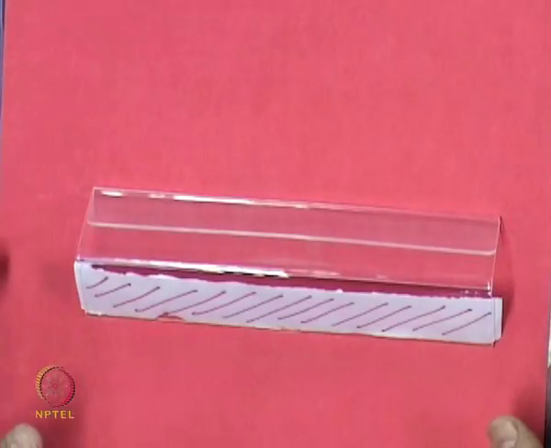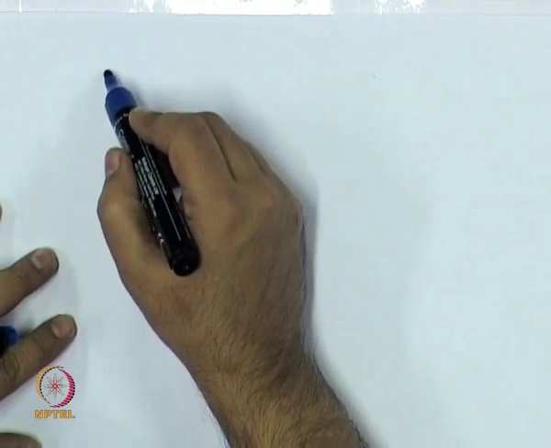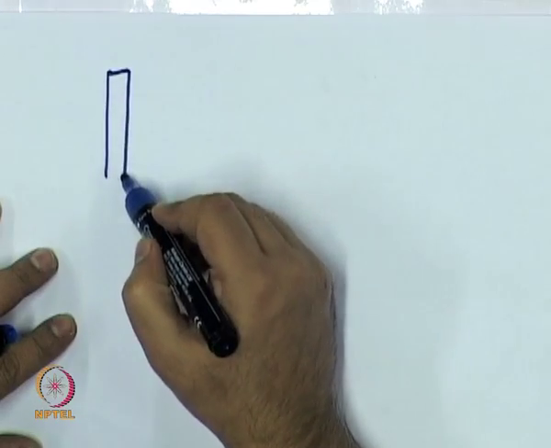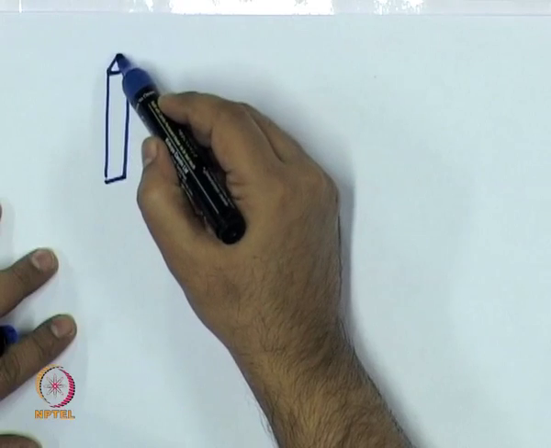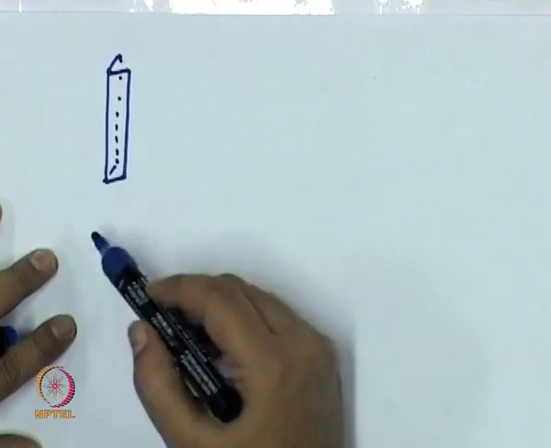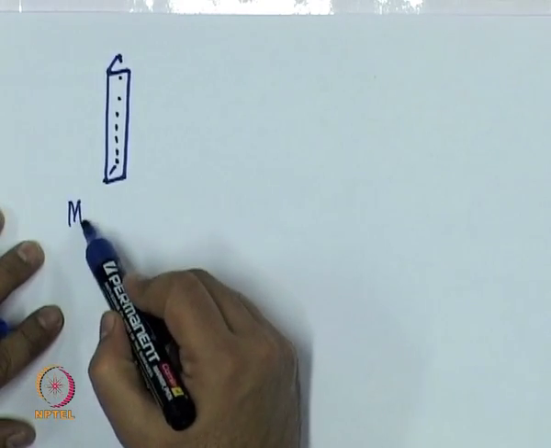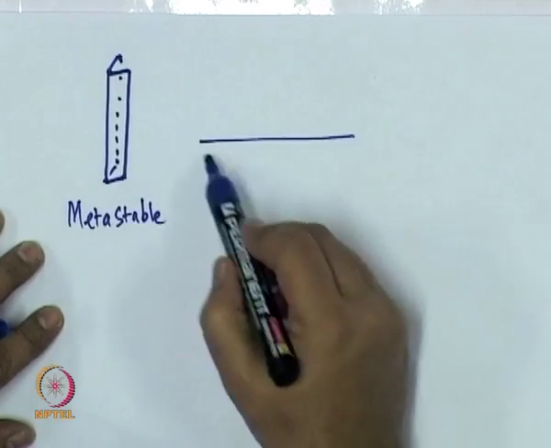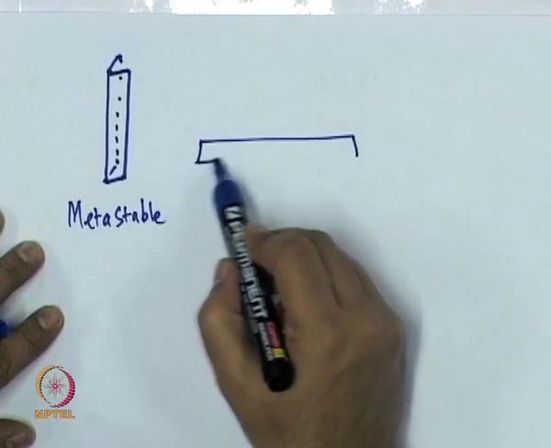Okay. Now, let us try to understand it more in terms of the potential energy. Okay. So, what do I have? I have these three cases. Okay. So, I have something which is like this, and this is metastable. On the other hand, I have something which is like that.